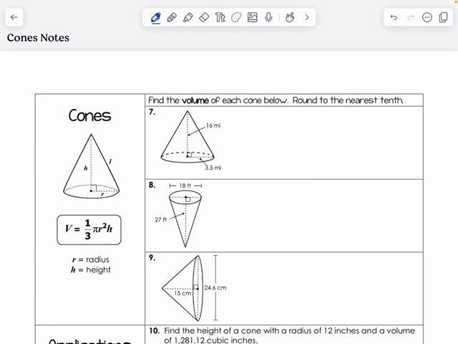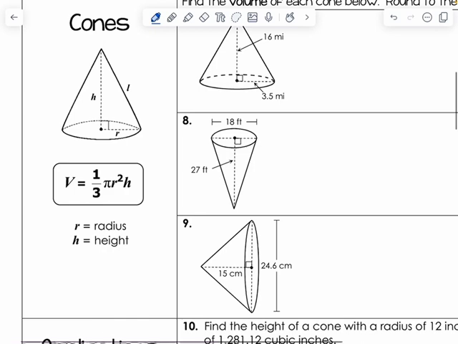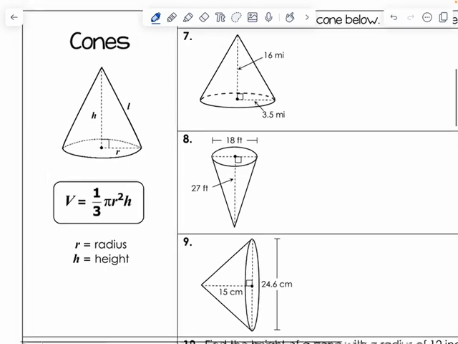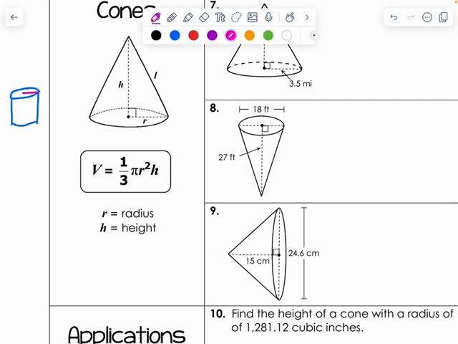Okay, so I want you to think back to last week, and I want you to think about our cylinders from last week. So if you remember, when we had a cylinder, we found the volume by taking volume equals pi r squared h.